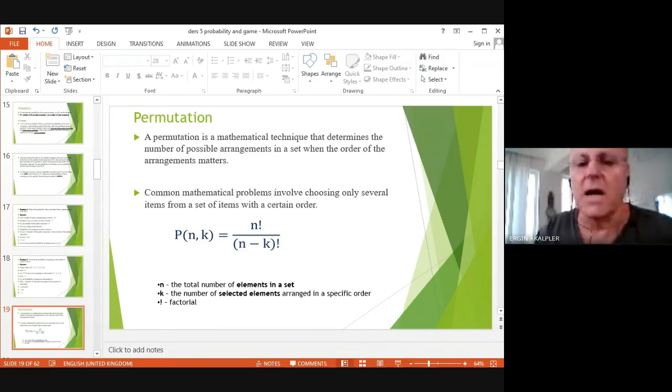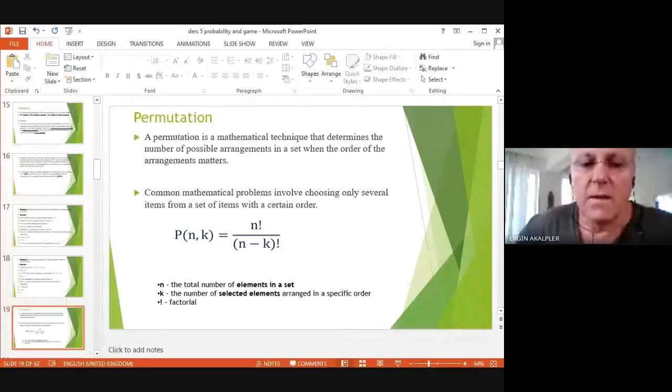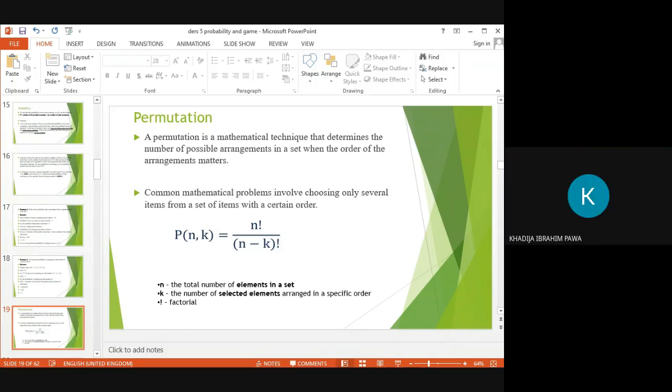A common mathematical problem is choosing only several items from a set of items with a certain order, which is P(n, k), where n is the number of elements and k is the selected items. Therefore, the permutation can be calculated as n factorial divided by n minus k factorial.